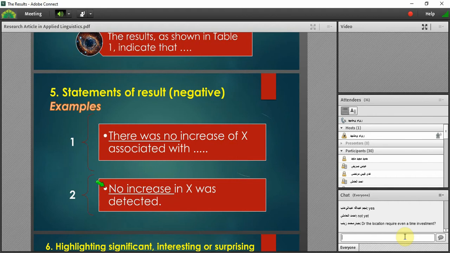Everybody, you may have positive or negative results in your articles, so you need to report them. Sometimes you have positive results, so tell the readers about it. In other cases, you may have negative, okay, positive or negative.